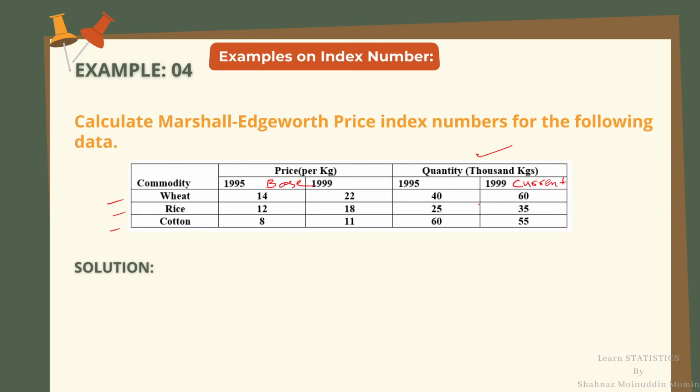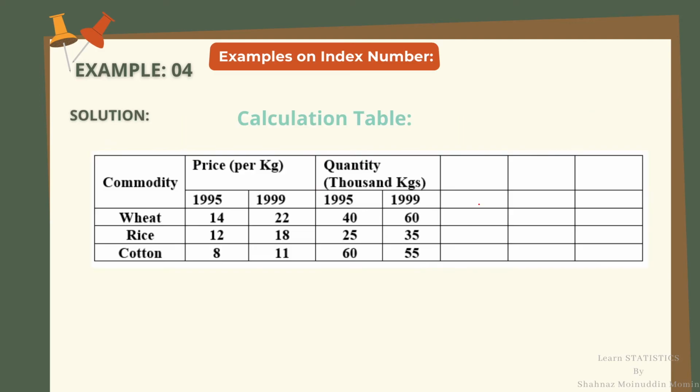So we shall prepare a calculation table. This is P0, this is P1, Q0, Q1. Now we have to obtain the values of Q0 plus Q1, next P1 into Q0 plus Q1, and P0 into Q0 plus Q1.